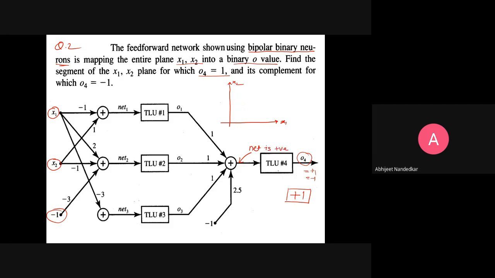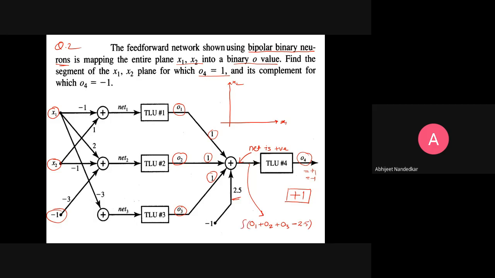Now to make this positive, you can observe that O1, O2, O3, the outputs of the previous neurons, are coming with importance 1, 1, 1 here, and 2.5 is subtracted from that. So the net implementation here is O1 plus O2 plus O3 minus 2.5.